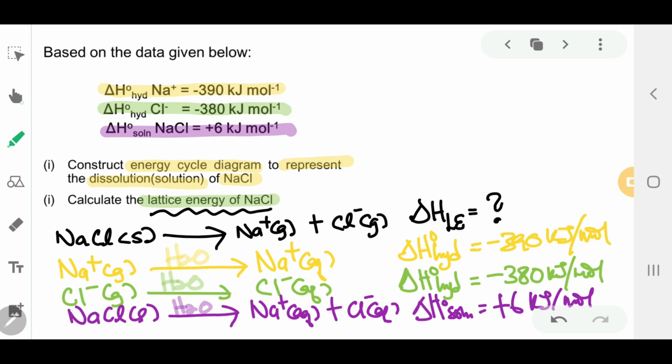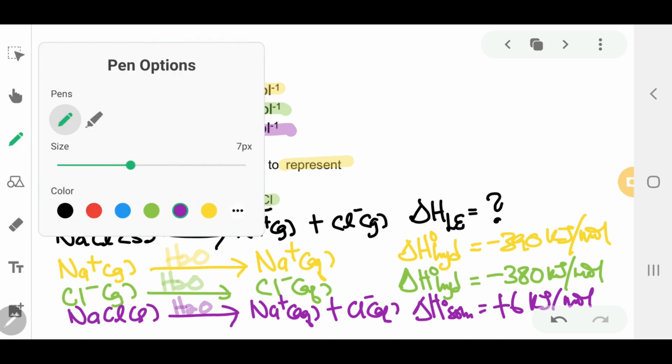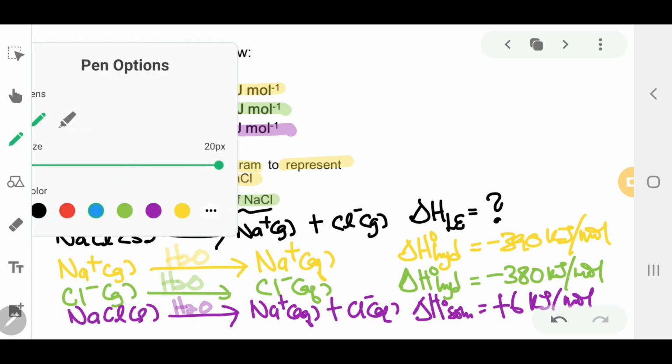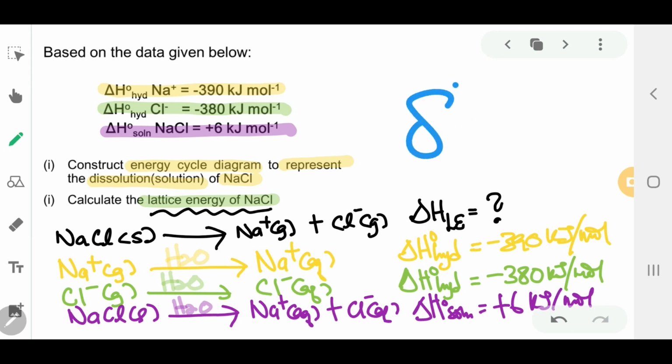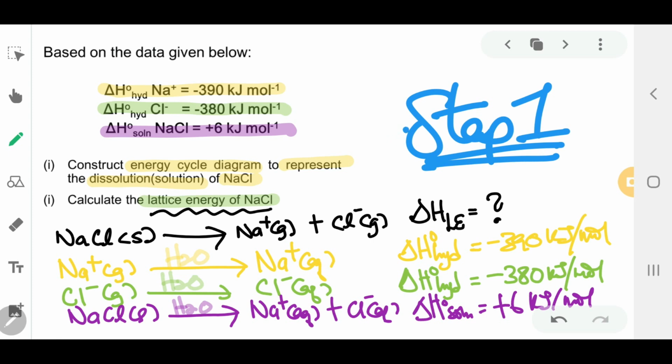Now we have written down all the thermochemical equations that you need to construct the energy cycle diagram. If you want to construct the energy cycle diagram, it's better for you to write these first. So essentially, this is your step number 1, when you write all the thermochemical equations that you're going to need. So step 2.